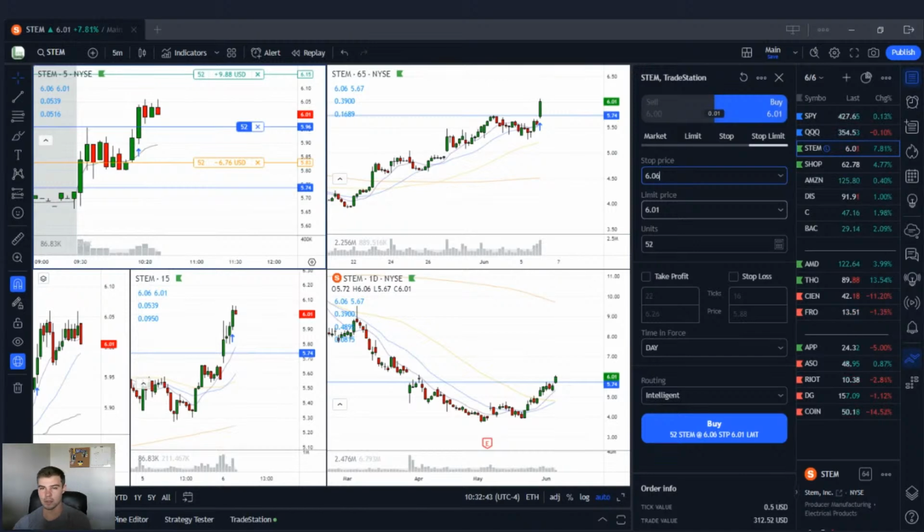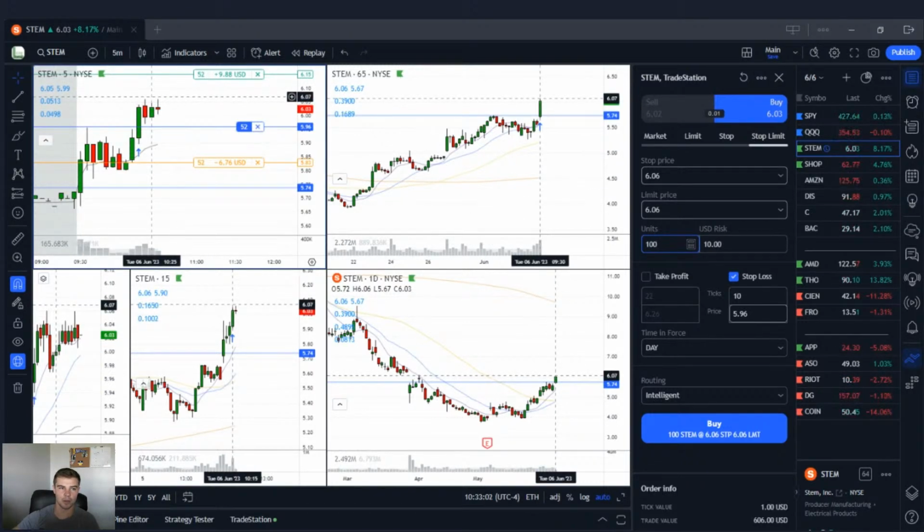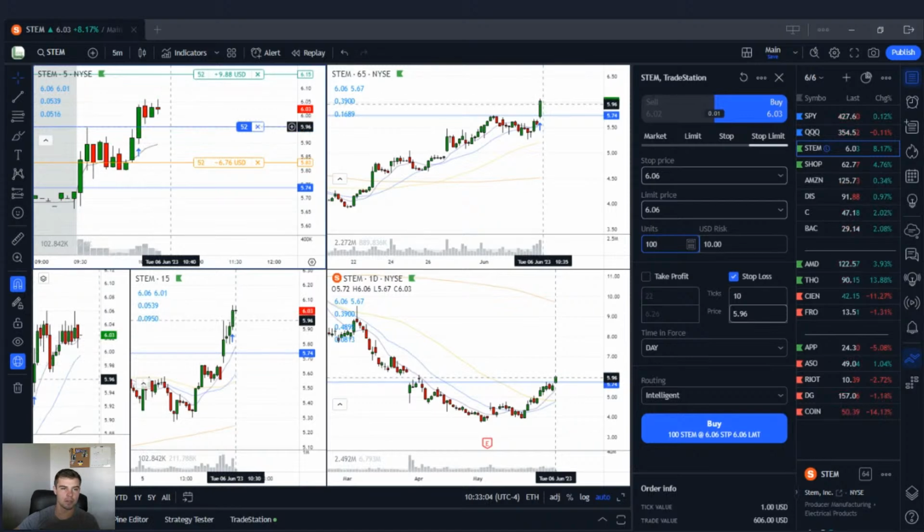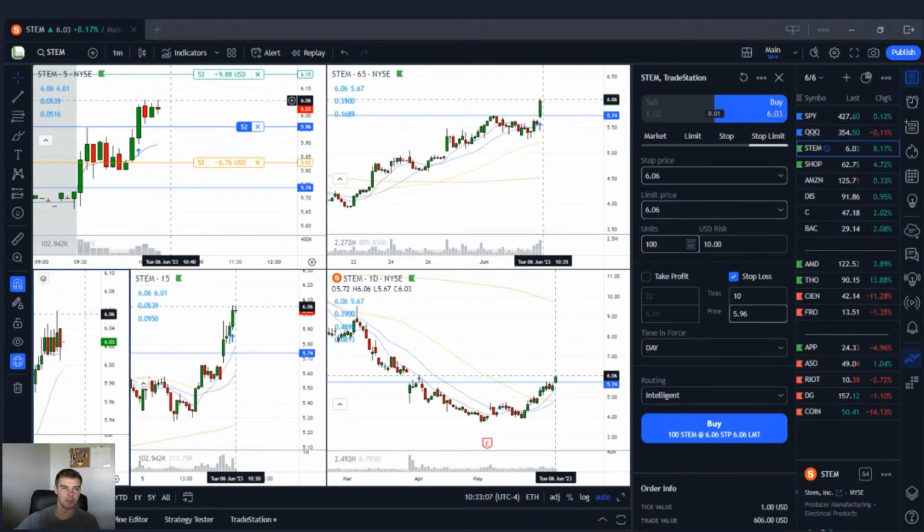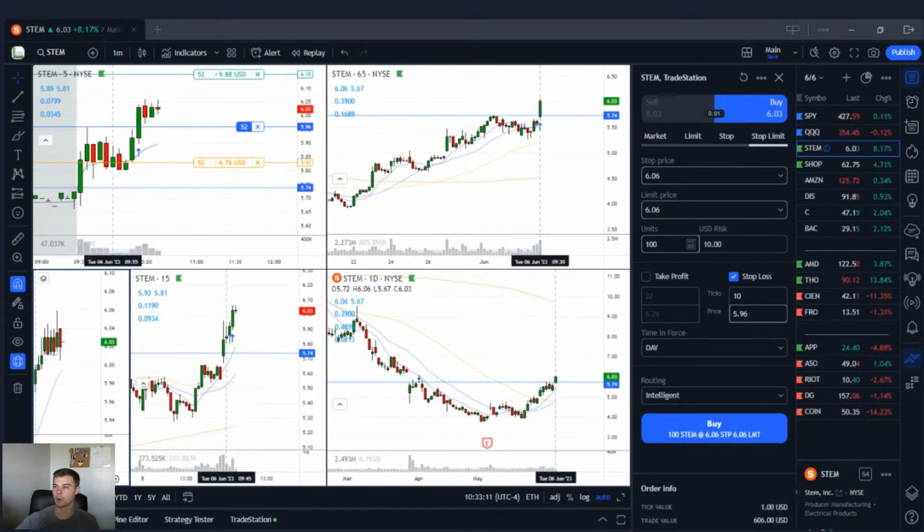Maybe 6.06 by 5.96. Oh yeah, I'd be adding 48 shares. Would raise my stop up to 5.96. Very tempting actually. Full target, I'd be on a 2R winner.